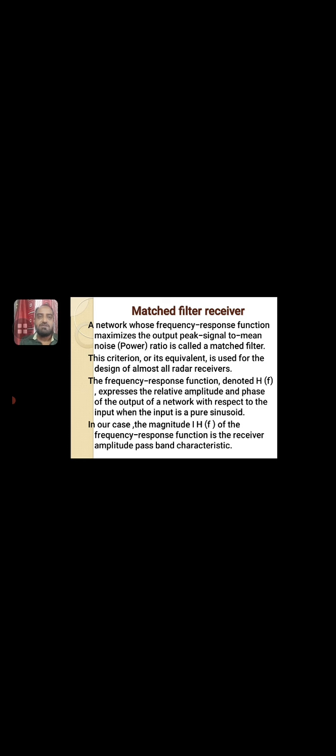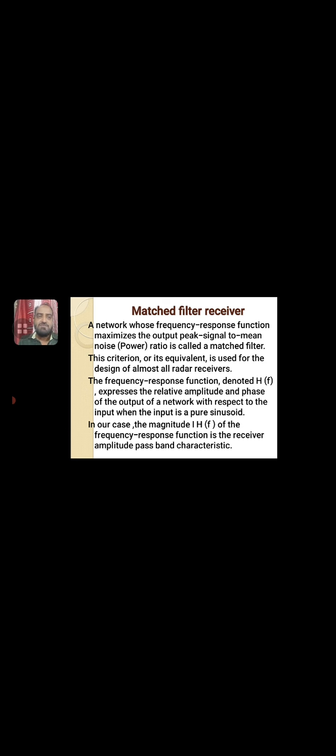This criteria or its equivalent is used for the design of almost all the radar receivers. A matched filter is designed such that it maximizes the signal to noise power to its peak.